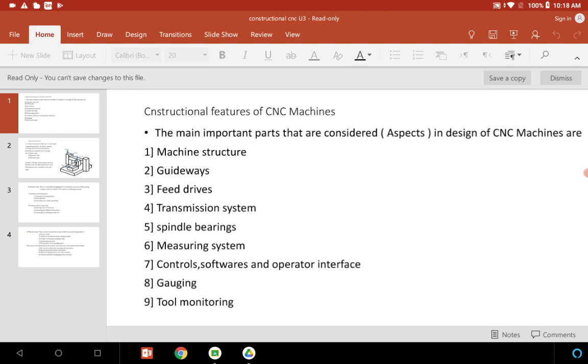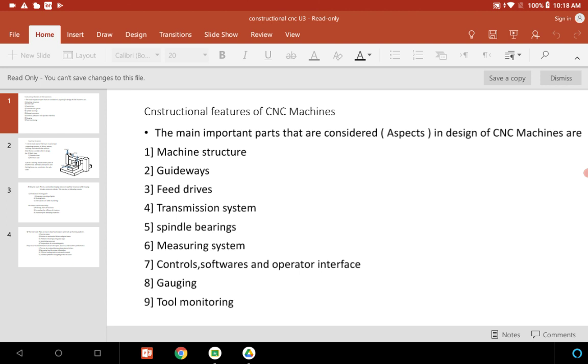First of all, you can see here the various important parts of the CNC machine. The outer frame is the first one, the machine structure, which holds all the jobs, table, spindles, workpieces, etc. Then guideways. Second one, feed drives. Take a simple CNC lathe machine as an example.